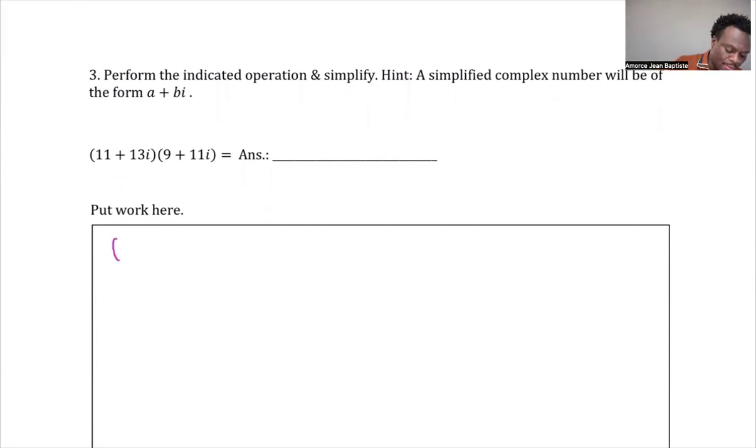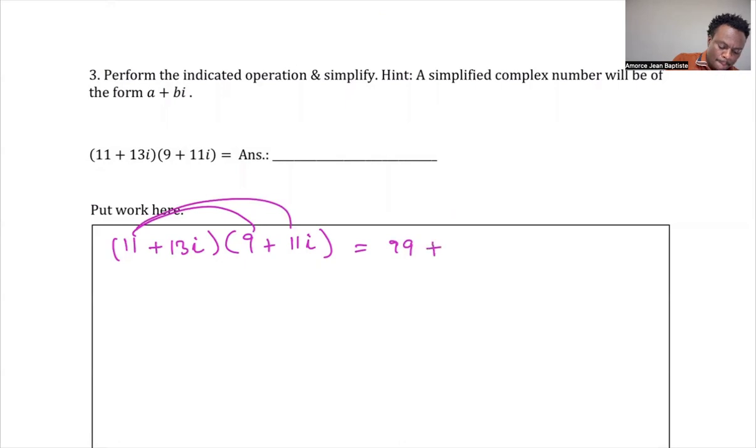So here we have 11 plus 13i times 9 plus 11i equals 11 times 9 is 99. 11 times 11i is plus 121i. 9 times 13 is 117i.